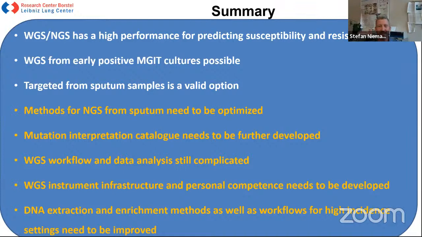Mutation catalogs still need to be further improved. And the whole genome sequencing workflows and data analysis workflows are complicated. And the infrastructure and personnel competence need to be developed at sites. And we also need to get better in DNA extraction, enrichment methods, and workflows for high incidence settings.